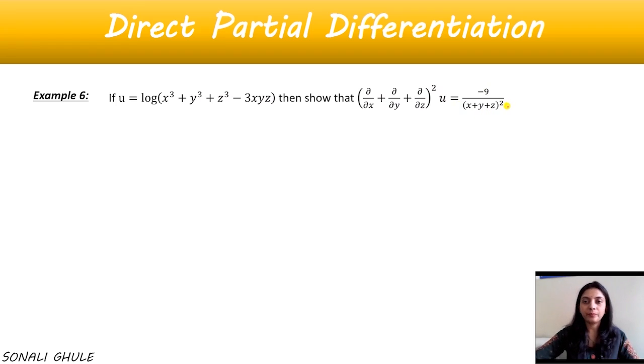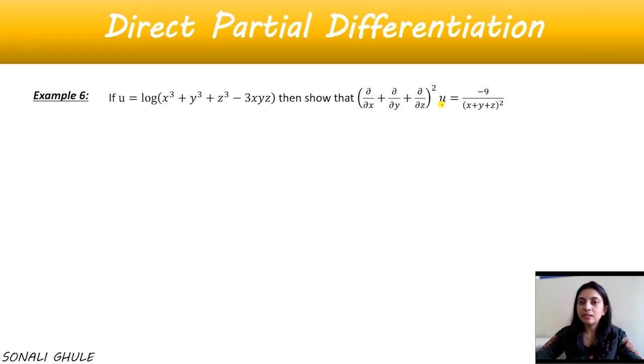Okay. So first of all, before solving this example, always you have to focus on the question, what you have to show. Okay. So here, what we have to show, if you check your left hand side, so you can see here all the differential operators with respect to x, y and z.